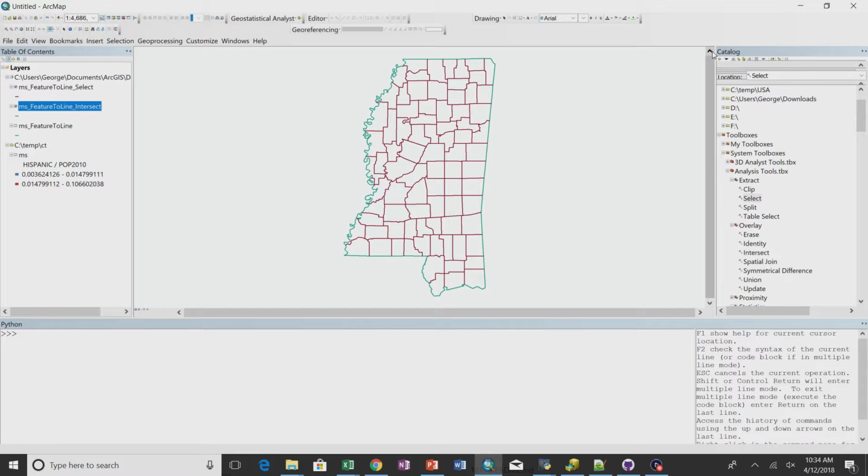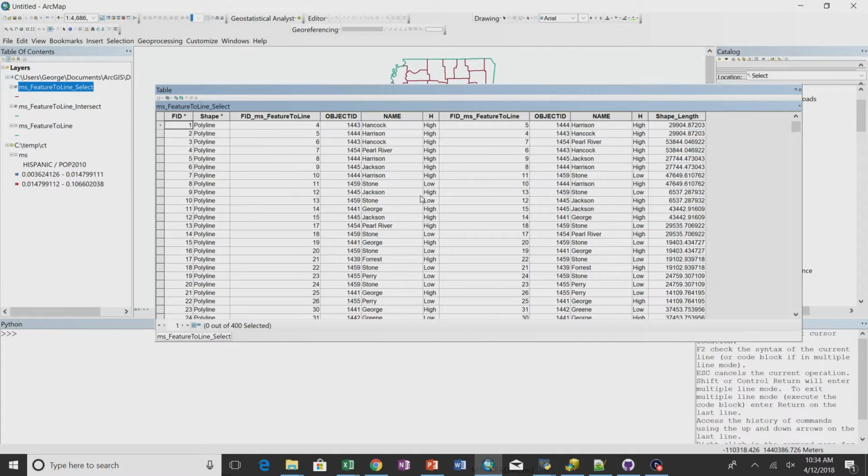So we need a way to collapse this down to find out how many links there are per county in order to make table 15.3. That's not the only thing we do, but we do need table 15.3.